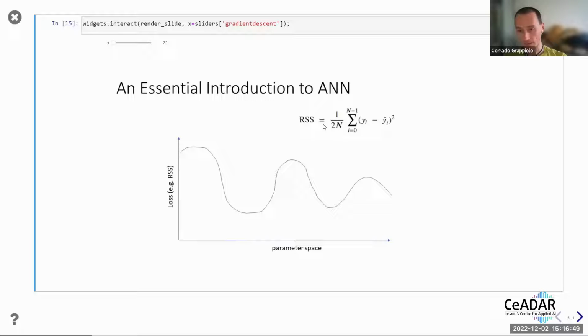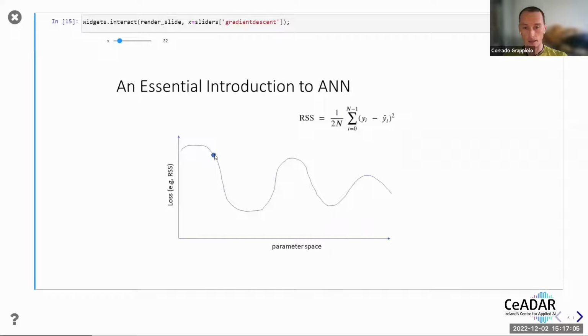And in the example of the perceptron that I showed you before, we relied on this formula, which is the residual square errors. And the idea is that, imagine you have some weights, we calculate our predictions, we calculate the loss, and we get a certain point in the loss curve. What we want to do is analyze this curve.